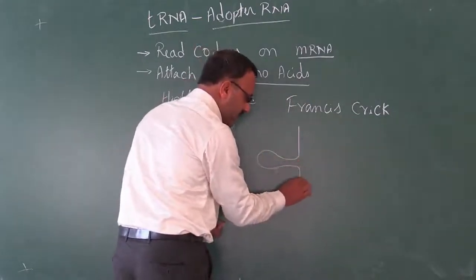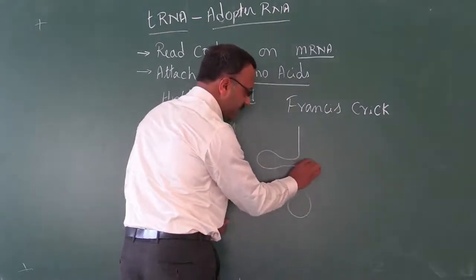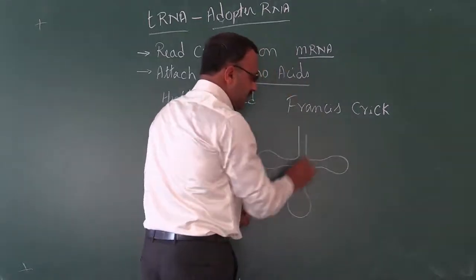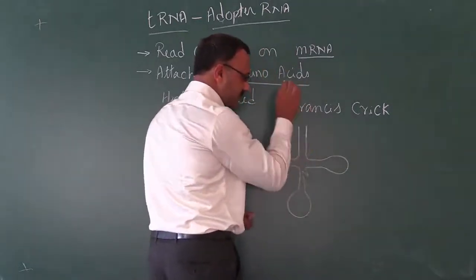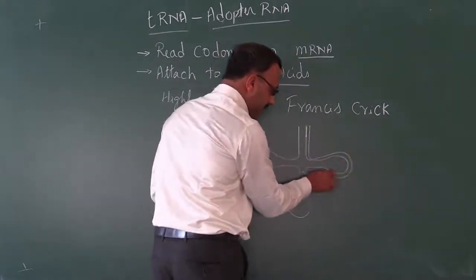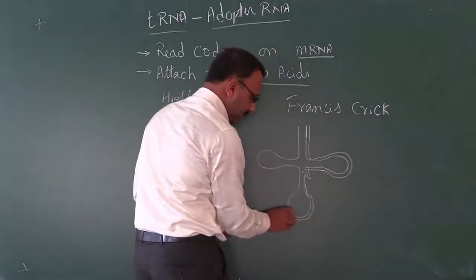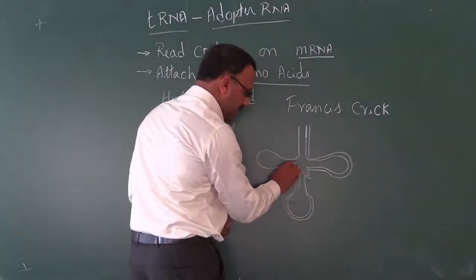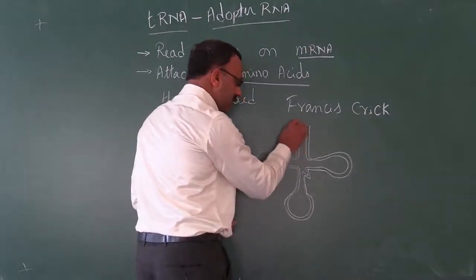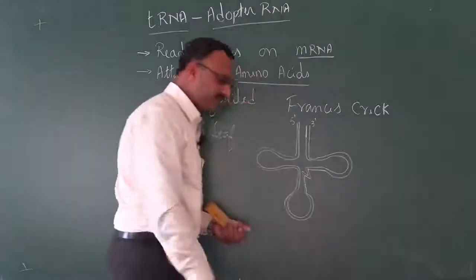shows 5 arms, in which the 2 strands are coming closer to each other. The 2 ends of the tRNA coming closer. This is the 5' end, this is the 3' end.